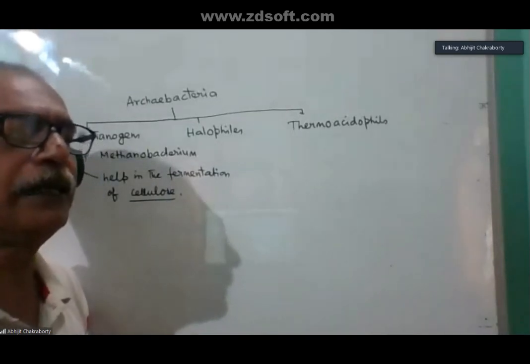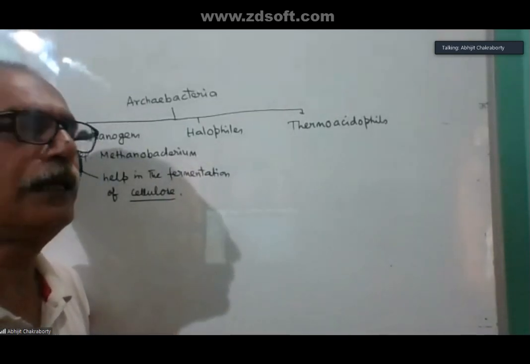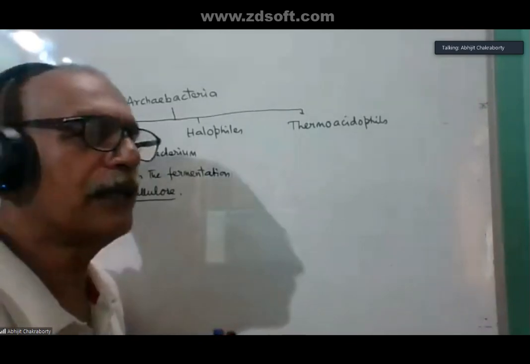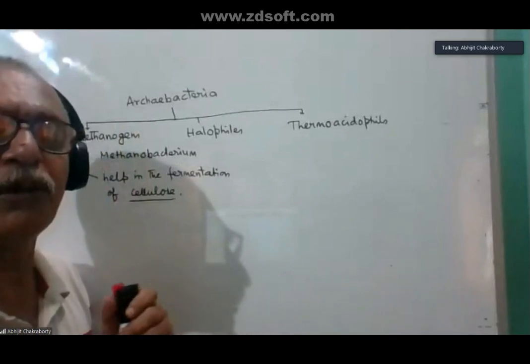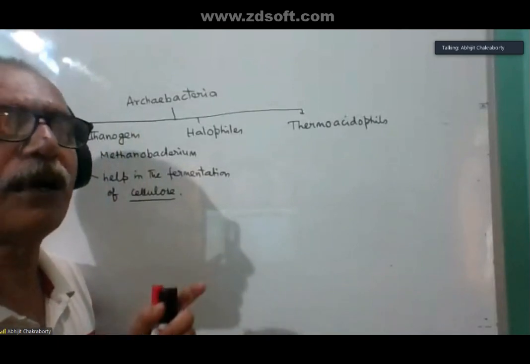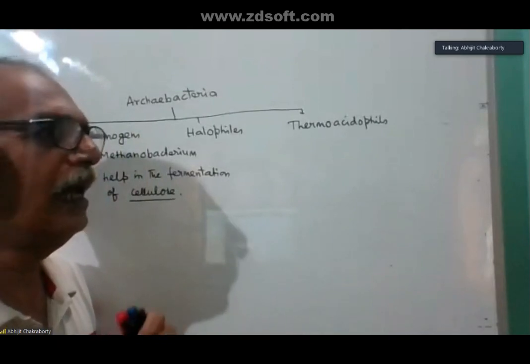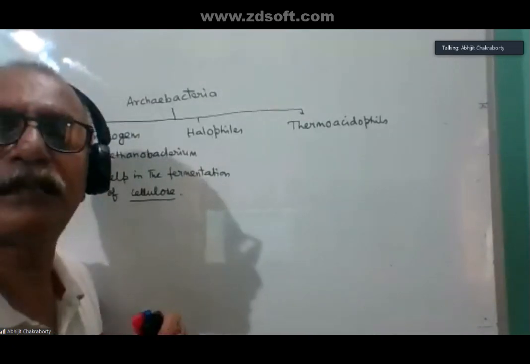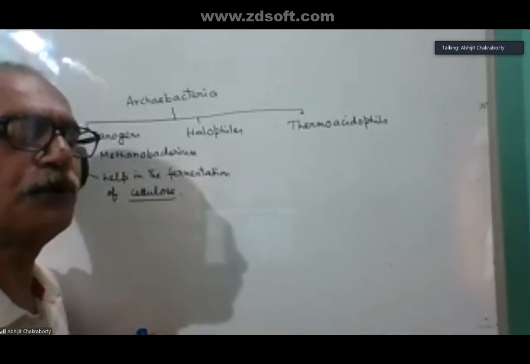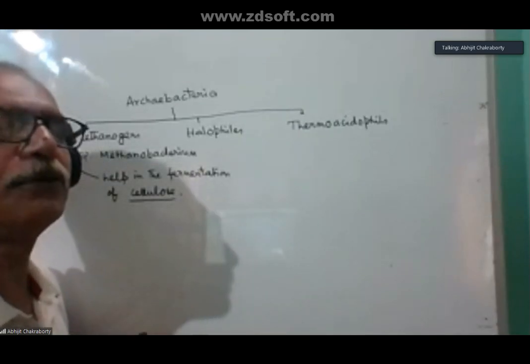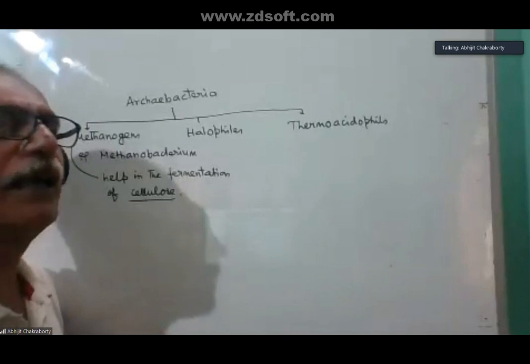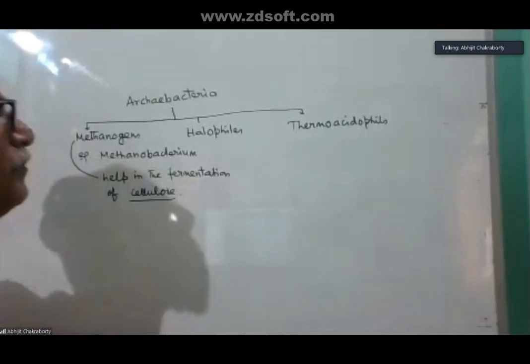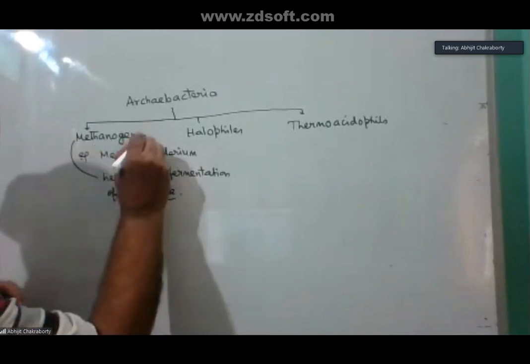But remember, in Rajasthan and those areas, you will get a lot of biogas plants or gobar gas plants where cow dung is used. It is possible because methanogens are present in the cow dung, and methanogens produce methane, which is called gobar gas and may be used in cooking and lighting. So these are the methanogens.